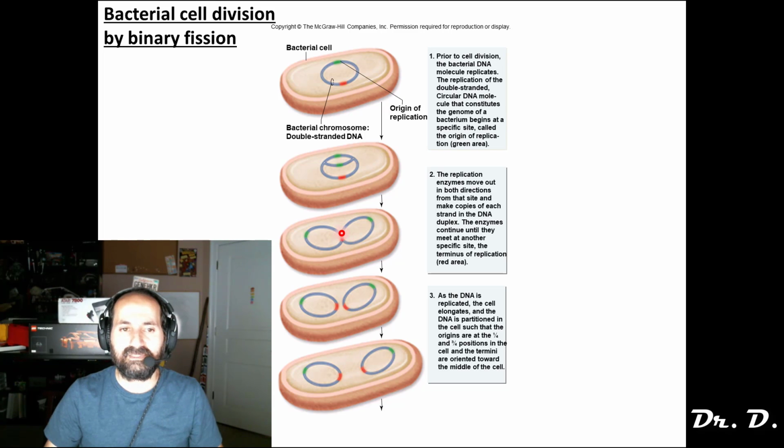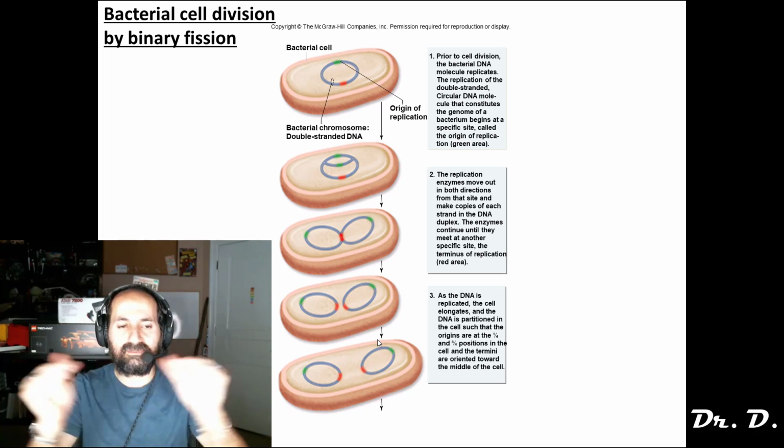The red spots, that's called the terminus, where the copying ends. Now you've got two copies of that circularized DNA. Those two copies separate to opposite poles of the cell. And that's how the DNA gets copied and separated.